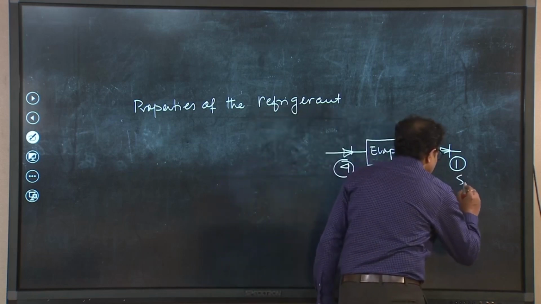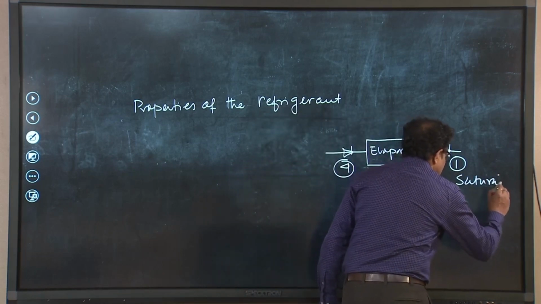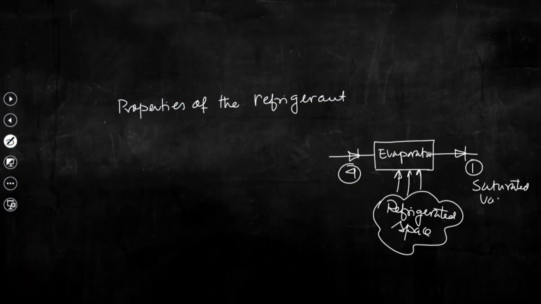So, this is saturated state, saturated vapor. If we try to recall that point 1, that is located on the saturated vapor line. Now, we have also discussed that the quality in the point 4 is inside the dome.